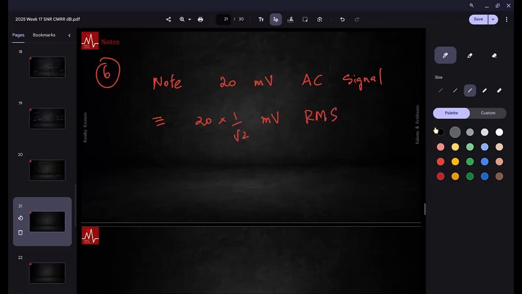This is for the signal. Presumably the peak is given, so be careful. Don't take the peak and do calculations. Take the RMS and do the SNR calculation, CMRR, any calculation that we did. Root 2 is 1.414.